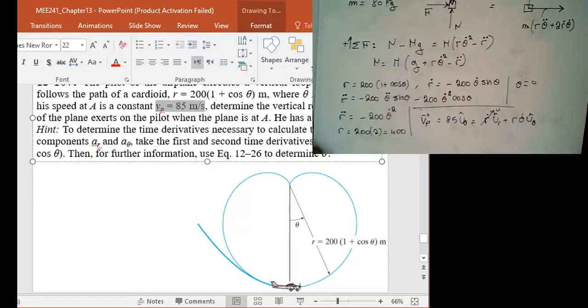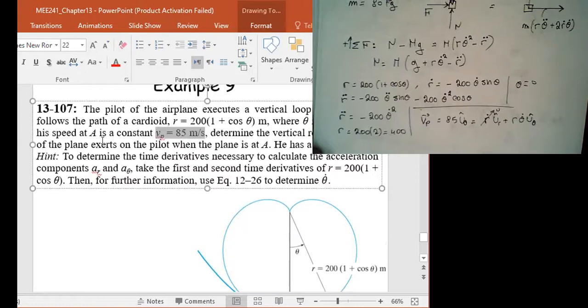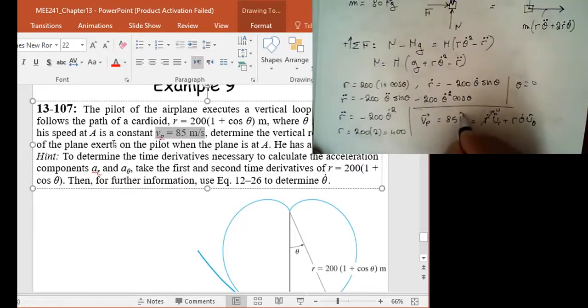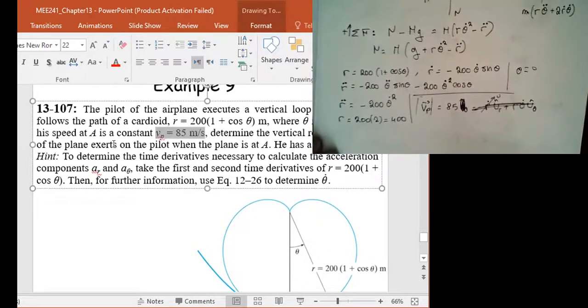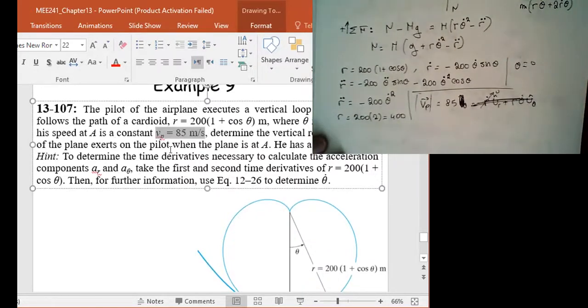Well, wait a second. His speed is constant, but they don't tell us that it's actually in the u theta direction. They are simply telling us that the magnitude of the velocity is 85. They are not telling us that VP is in the u theta direction.